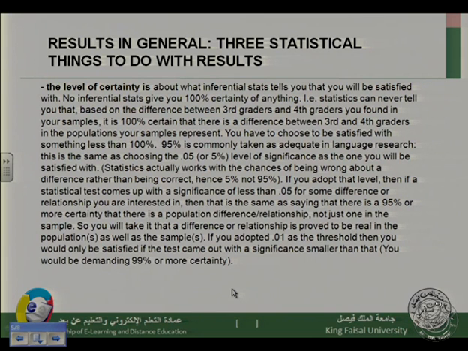So you can be 95% sure that your results are good, but you have to say that there is a margin of 5% of error, because there is nothing perfect. So the level of uncertainty is 5%, and as I told you, the significance level is at 0.05. So 95% is the percent that we can reach.